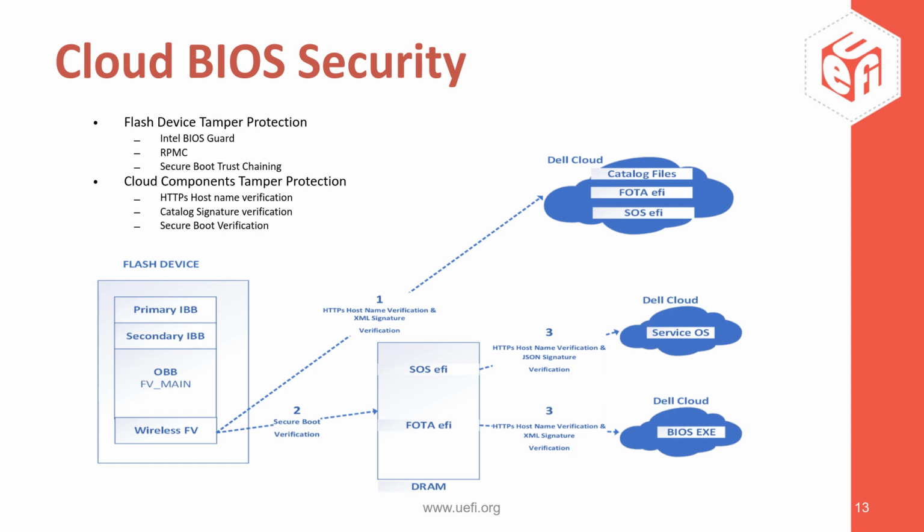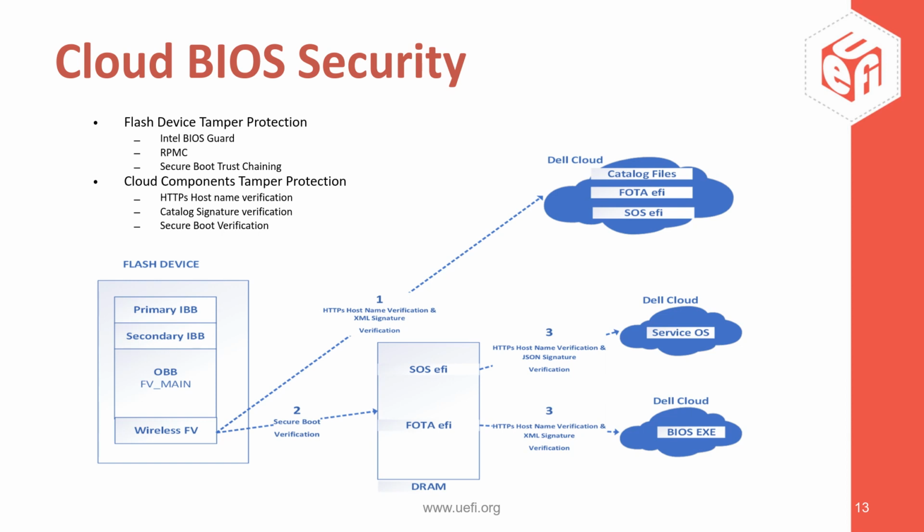Another important technology used is called RPMC, which is the Replay Protected Monotonic Counter, which is used as protection against hardware attacks. So if the flash chip is desoldered and a new flash chip is soldered onto the system, such scenarios can be detected using RPMC.